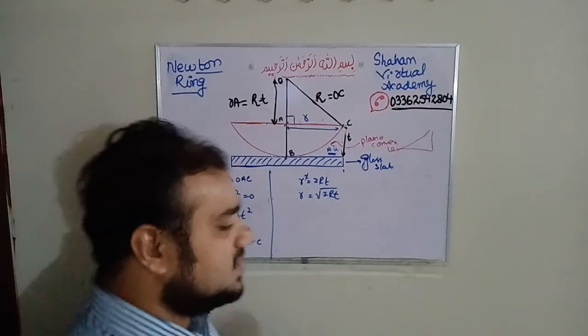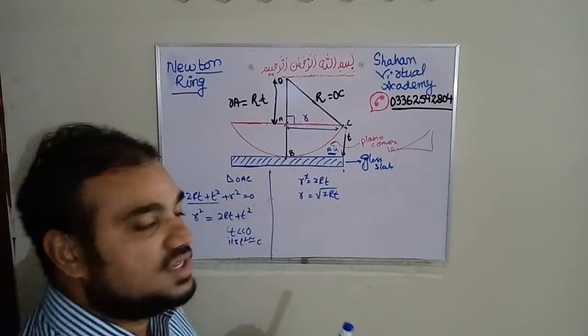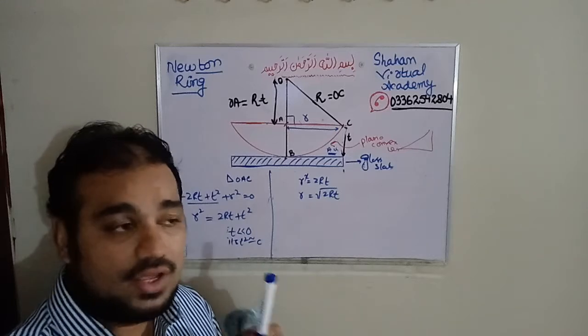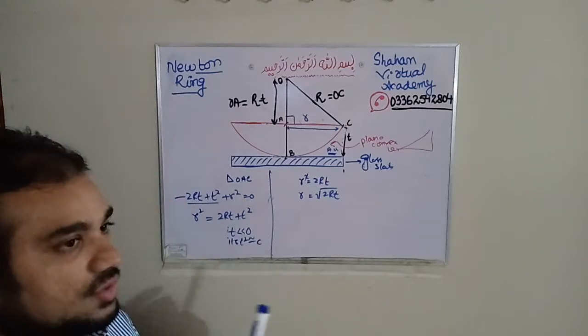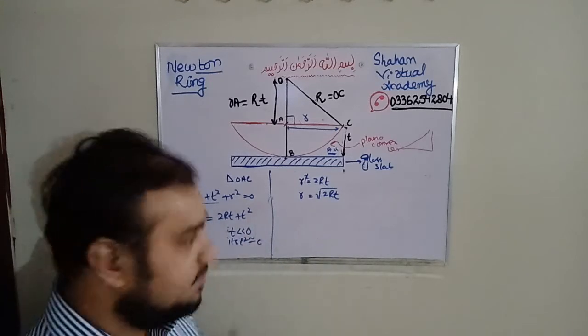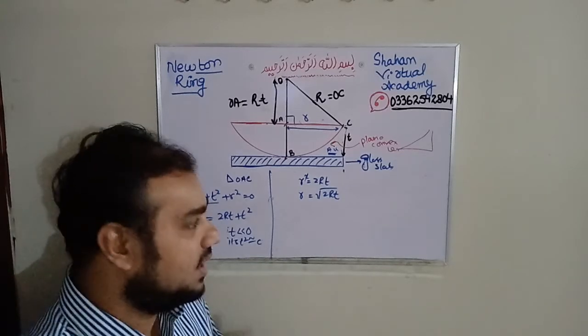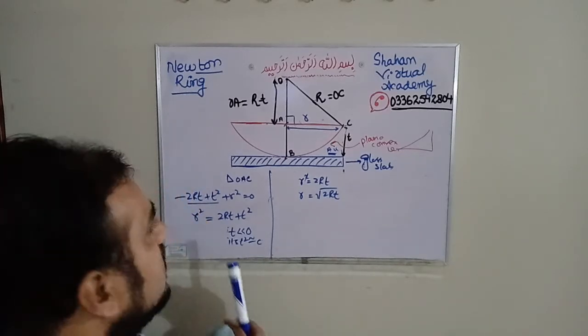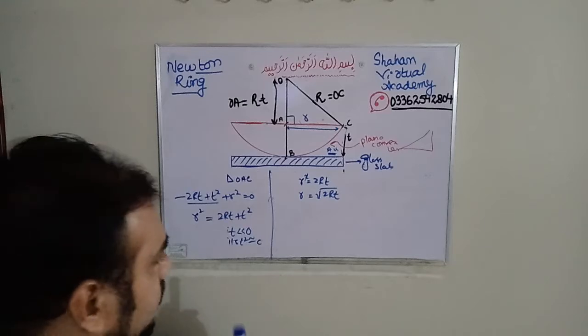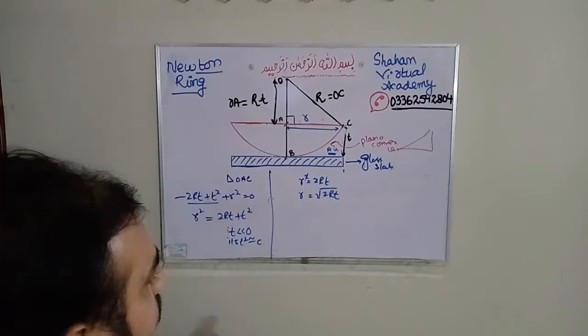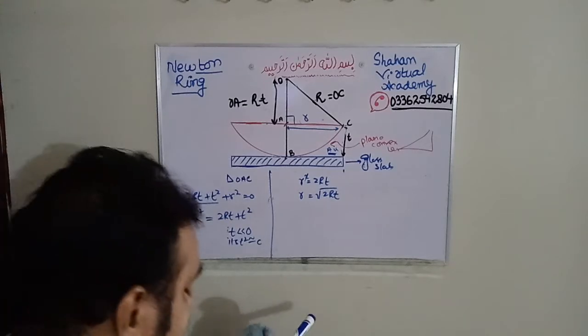Now this is not our destination, because we have to find the radius of the rings at the nth position. There are a lot of rings, not just one, so to find the radius of the Newton's rings for many rings, we have to go to the nth values.